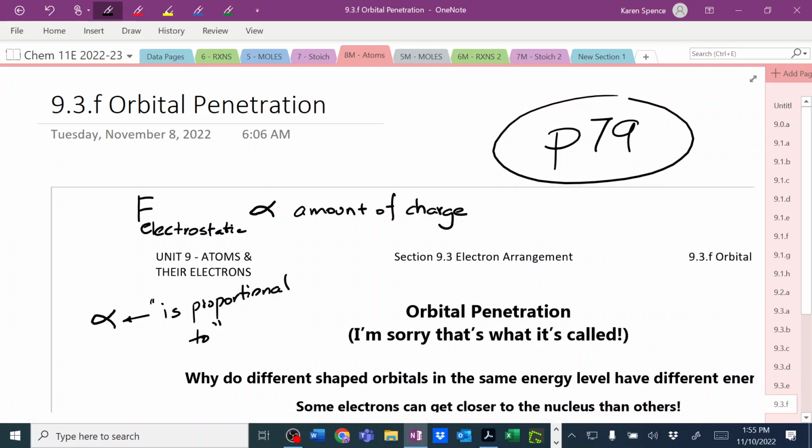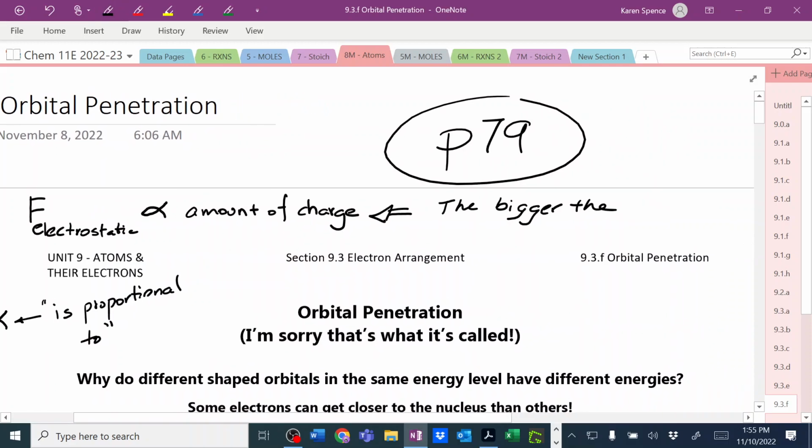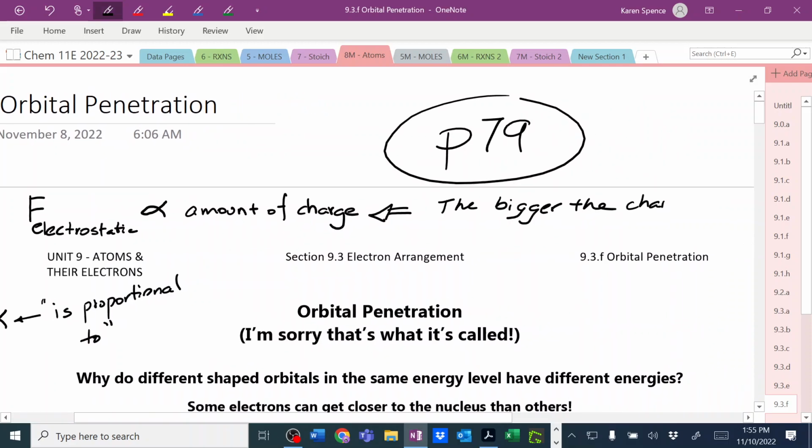So what that means is when we write that, the bigger the charge, the bigger the force. So the electrostatic force is proportional to the amount of charge.